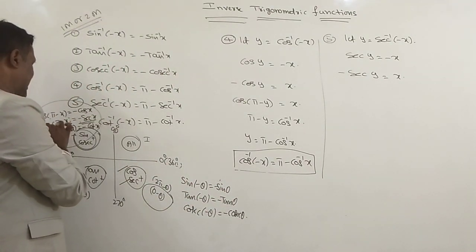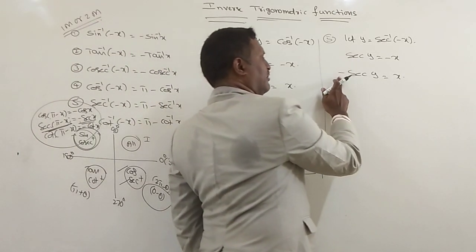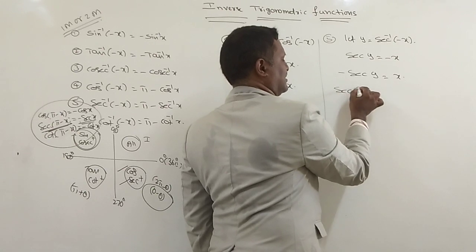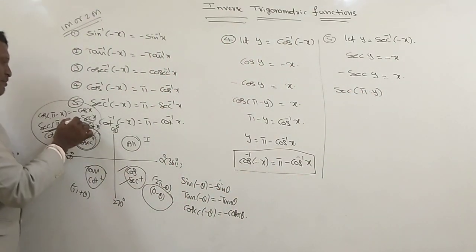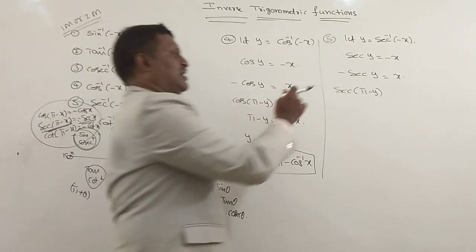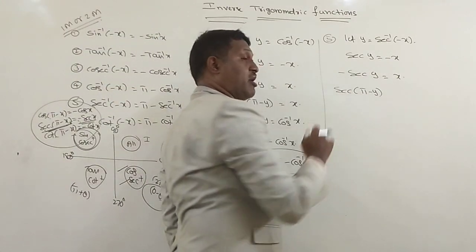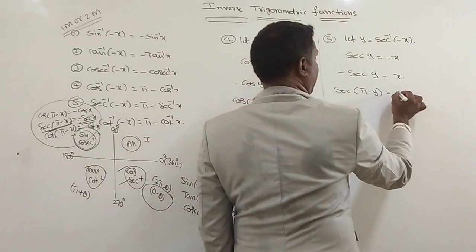So minus secant x, we can write as secant of pi minus x. Using that, minus secant y we can write as secant of pi minus y, which is equal to x.